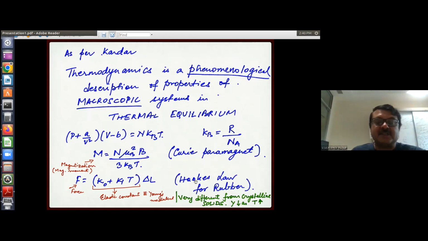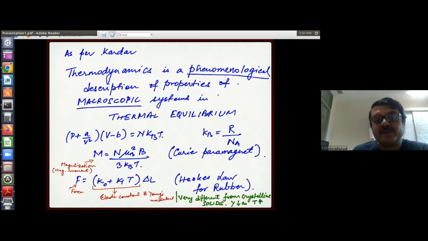Here with increasing temperature, the spring constant, or the Young's modulus, or the elastic constant is actually increasing with temperature. And the reason is that the origin of rubber elasticity is very different, physics-wise, from that of a standard crystalline solid, where it is energy dominated. Here the origin of the elastic modulus is entropic. So that's a slight diversion.